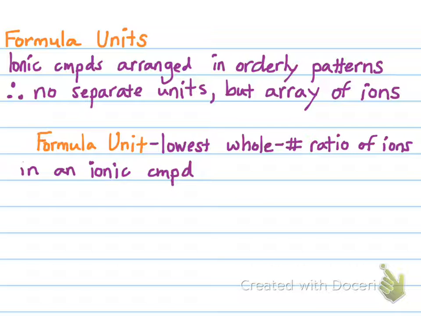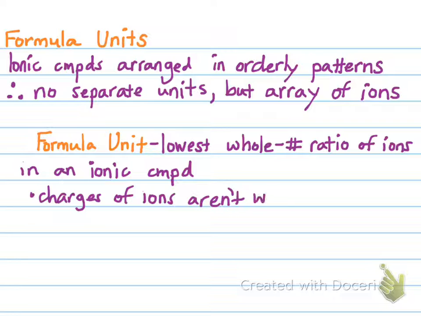Now remember, an ionic compound is made of ions, a cation, a positively charged ion, and an anion, a negatively charged ion. Although ionic compounds are made of ions, the charges of the ions aren't written in the chemical formula.